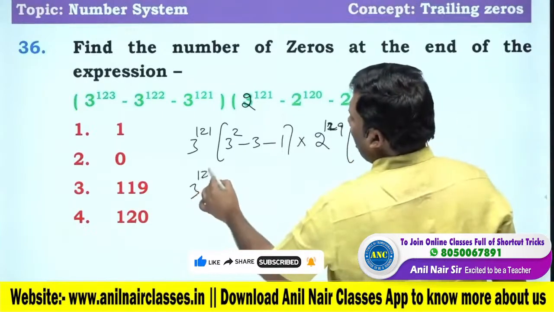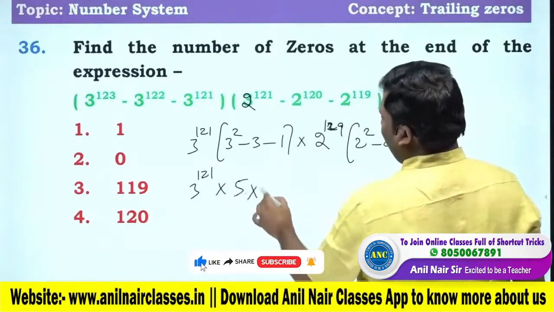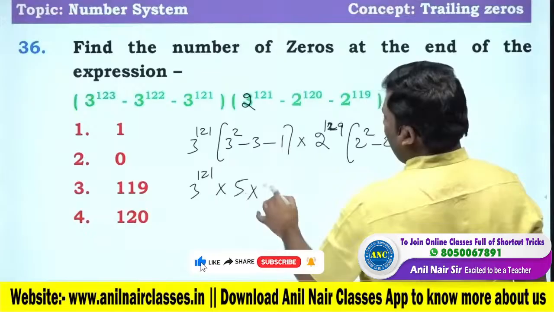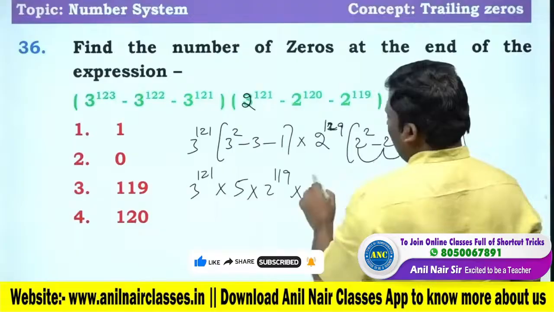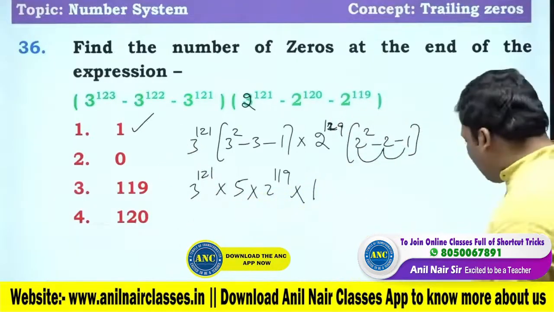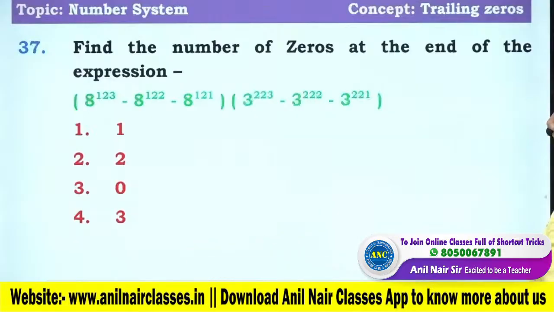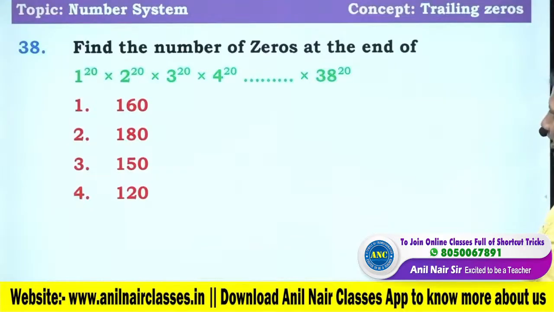So 3 power 121: 9 minus 3, 6; 6 minus 1, 5. 2 power 119: 4 minus 2, 2; 2 minus 1, 1. So 1 is the power. I hope till here it is clear, right? Now this question is already solved. We will start with the 38th question.